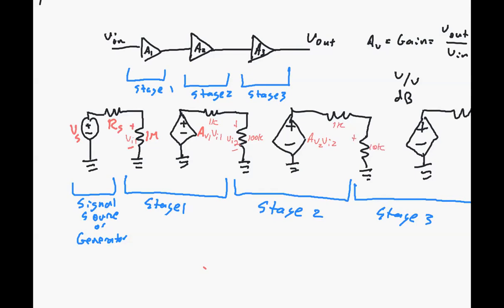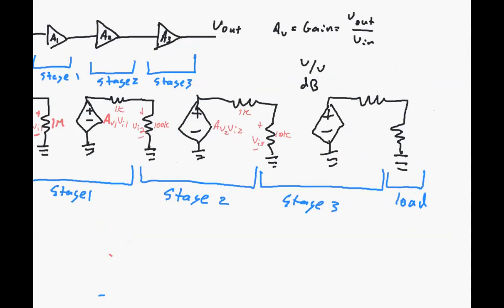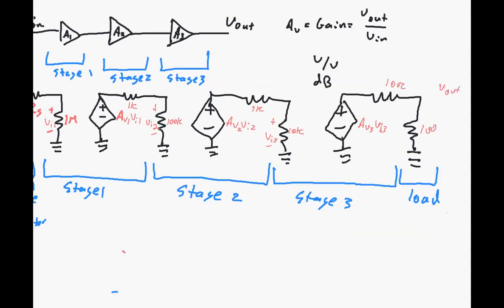And here we have VI3. The output of stage 2 is the input of stage 3, where we have AV3 times VI3. And maybe we have 10 ohms here, low resistance, because we might have a 100 ohm load. And we're seeing V out here, on that load or the output.